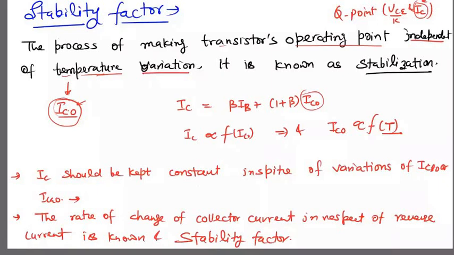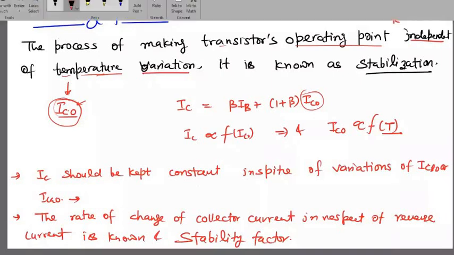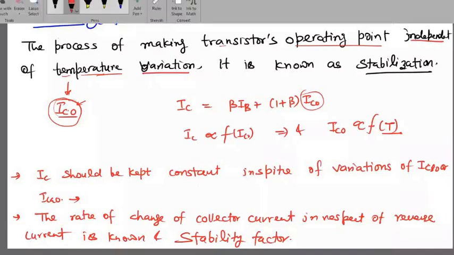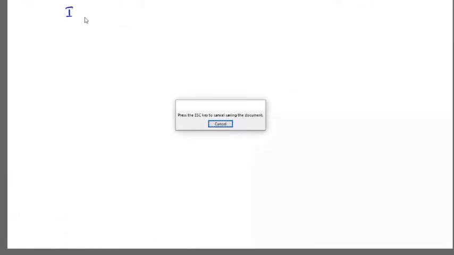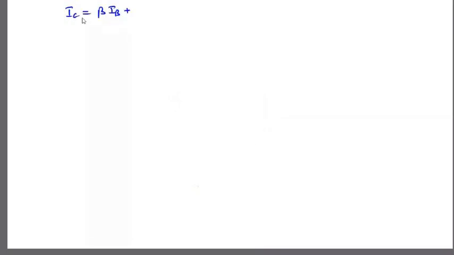That is known as the stability factor, at constant beta and IB. One more term must be added here: beta and IB remain constant. This is very important. Let me explain. I have the current IC equals beta IB plus (1 plus beta) ICO.